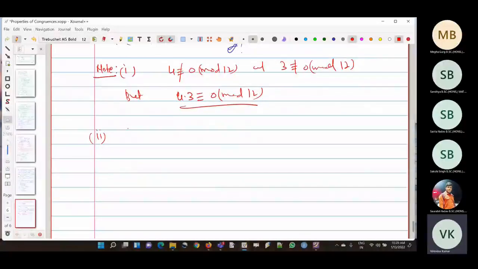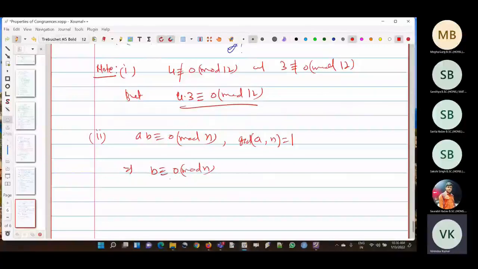And the second thing: if AB is congruent to 0 modulo n, and the greatest common divisor of A and n equals 1, then this implies that B has to be congruent to 0 modulo n.